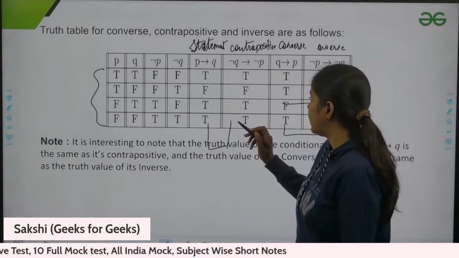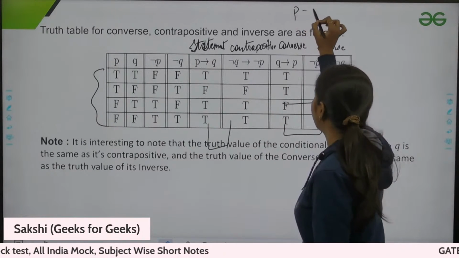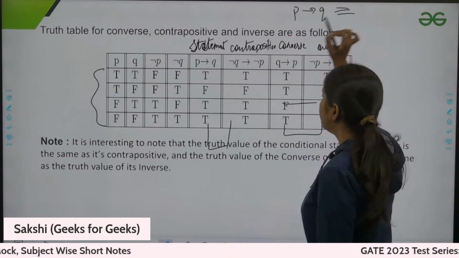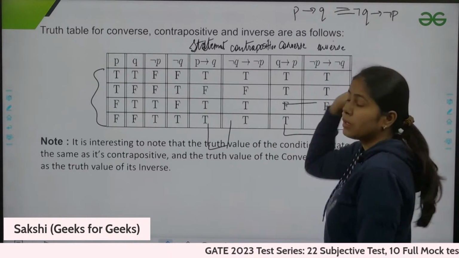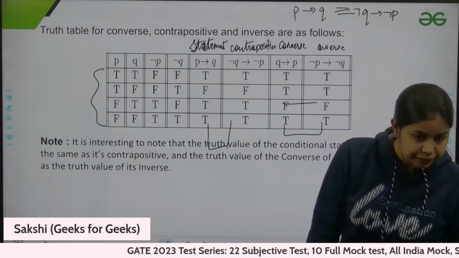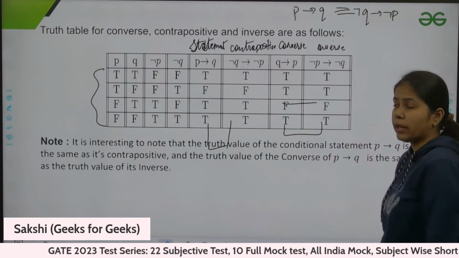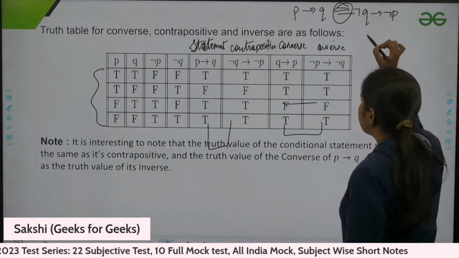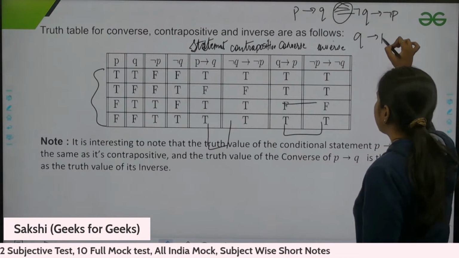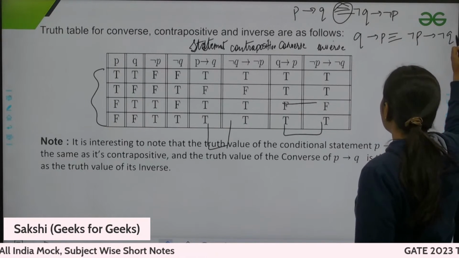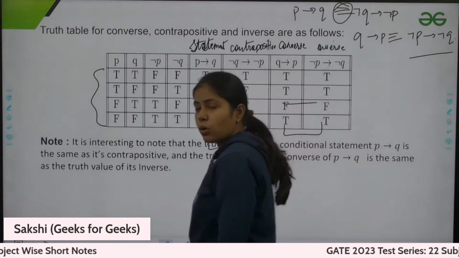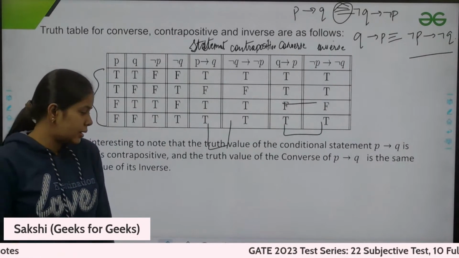So I can say that p implication q is equivalent to negation of q, implication negation of p. That means they are equivalent. This is the sign of equivalence. Similarly, I can say that q implication p is equivalent to negation p, implication negation of q, right? So this is all about propositional equivalence, right?